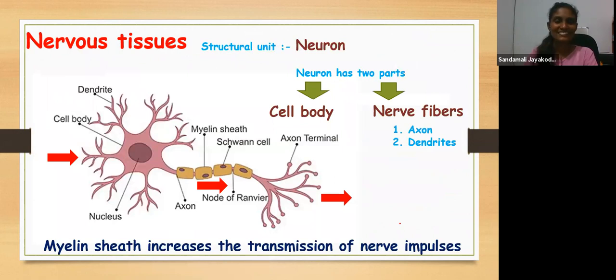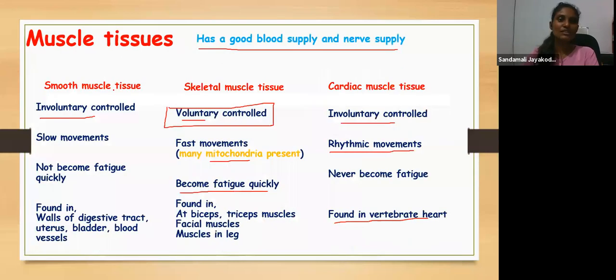Okay, miss. So this is about nervous tissue. And that is the last type of animal tissue we are going to discuss today. So in nervous tissue, the structural unit is the neuron. Here in muscle tissue, they are smooth muscle cells, skeletal muscle cells, and cardiac muscle cells.